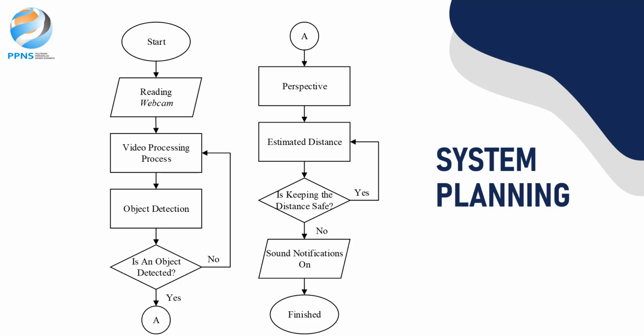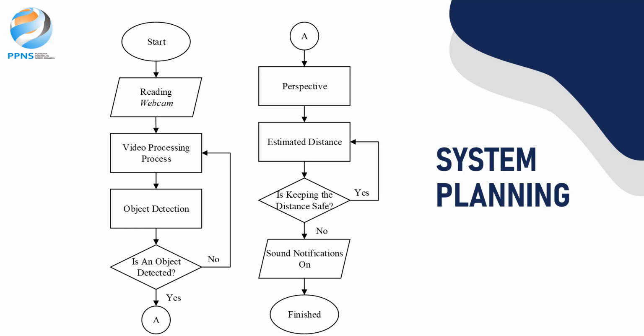As the system planning, we start from reading the webcam. For the hardware, we use a Logitech webcam connected to the netbook, and from the image reading, the process continues to video processing. After the video has been collected by the PC, the object detection will start.